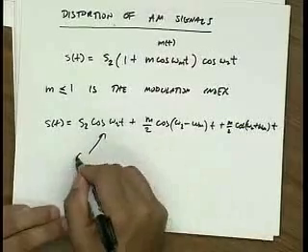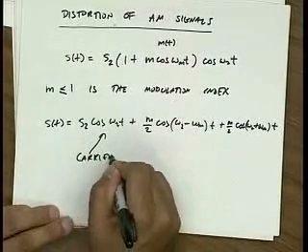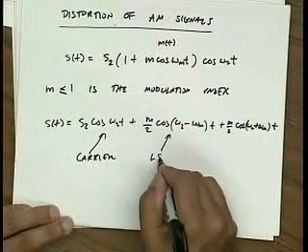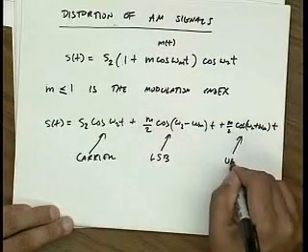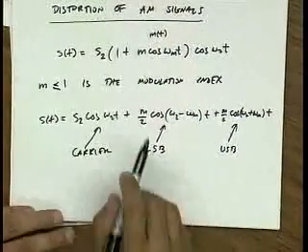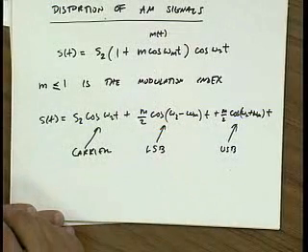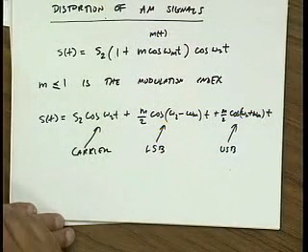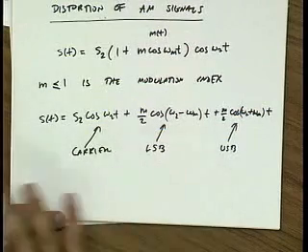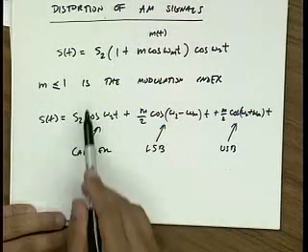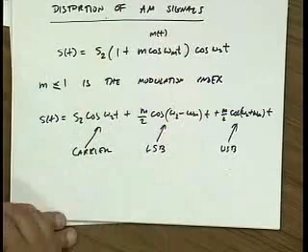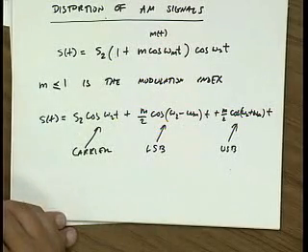So this is the carrier. This is the lower sideband, and this is the upper sideband. So we see that this modulation waveform produces two sidebands around the carrier, and there are lots of variations on how the signal is sent. Sometimes the carrier is suppressed. That's called carrier suppressed amplitude modulation.